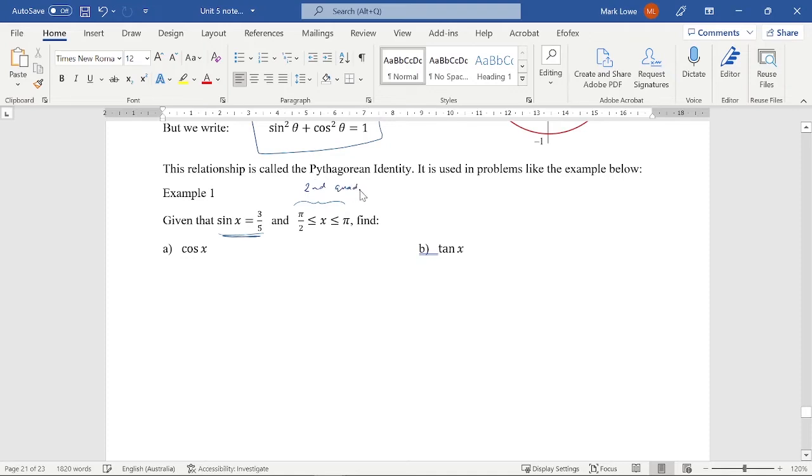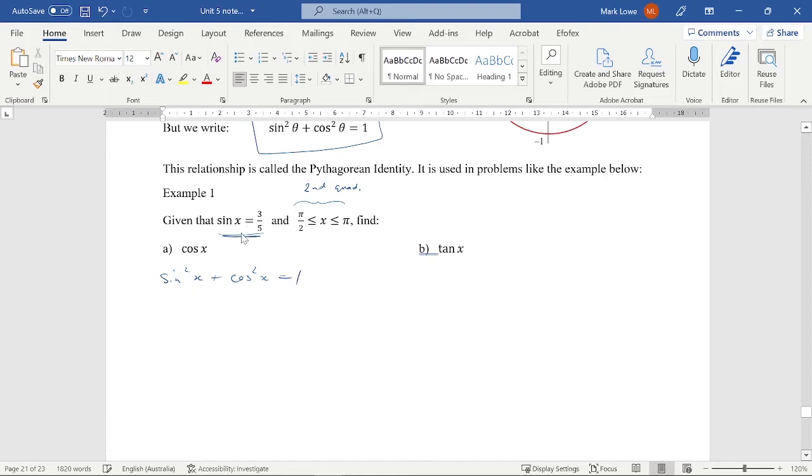So sine x is 3/5, x is in the second quadrant, find cos x, and then find tan x. We're going to use that Pythagorean identity: sine squared x plus cos squared x equals 1.